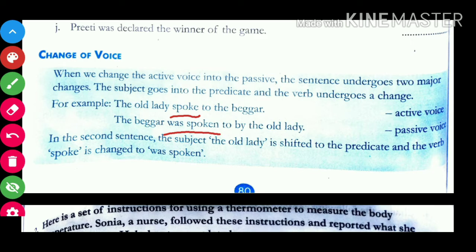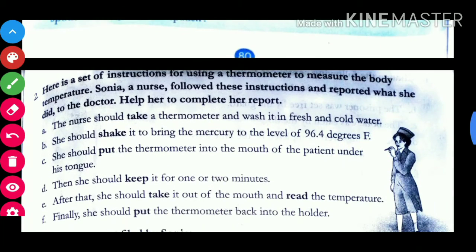So spoken is the V3 form of verb and we have added in the word by. जब किसी के द्वारा काम किया जाता है and it is placed in the predicate part, that doer is placed in the predicate part, we use by. In the second sentence, the subject, the old lady, is shifted to predicate and the verb spoke is changed to was spoken. This is how the changes take place when active voice changes into passive voice.